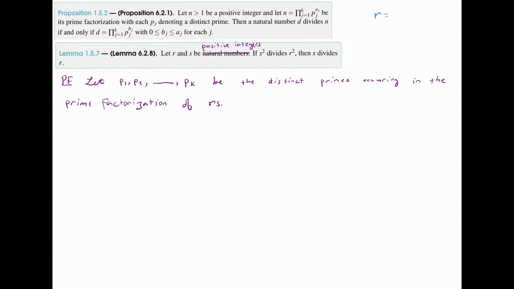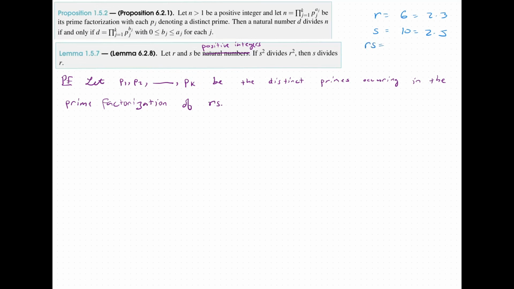So let's say that r is equal to 6, so 2 times 3. And let's say that s is equal to 10, so 2 times 5. In this situation, I'm looking at the prime factors appearing in the product of r times s.